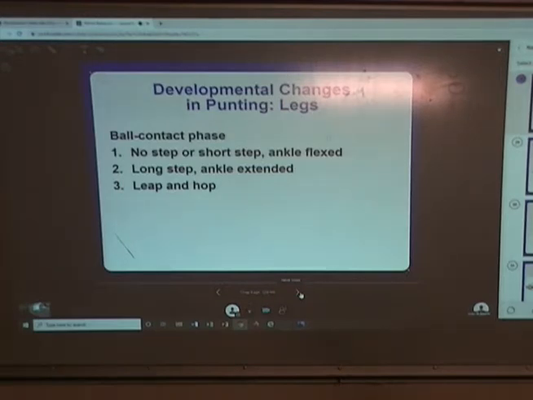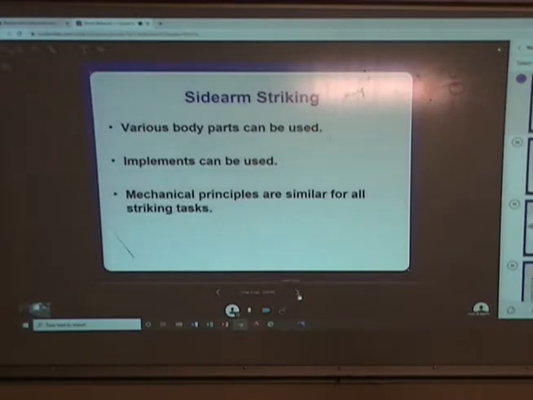So there must have just been a researcher who really liked the skill of punting for some reason, because I can't think of any other reason why we have that information.